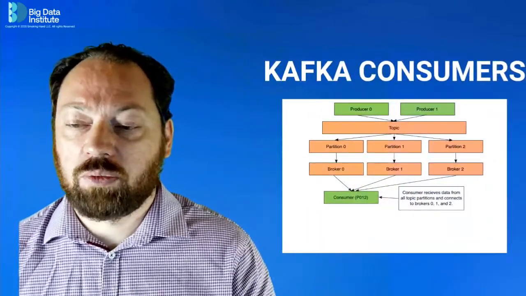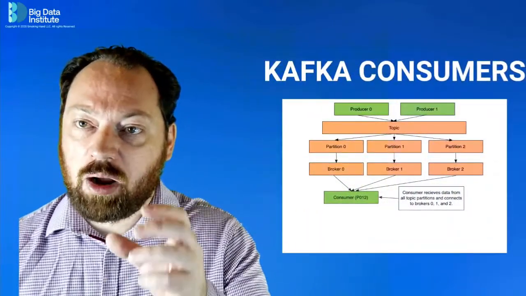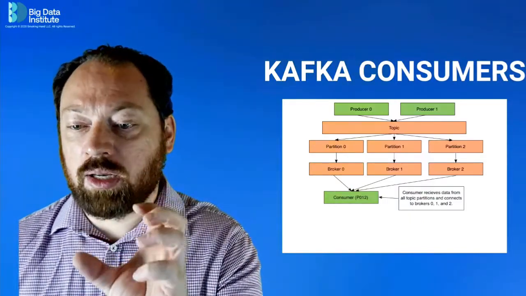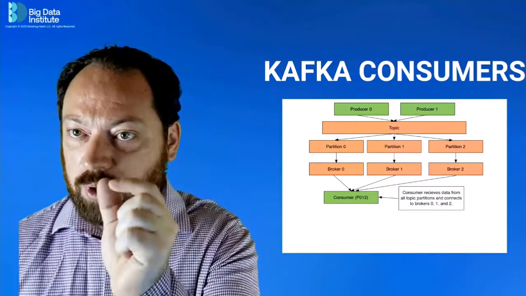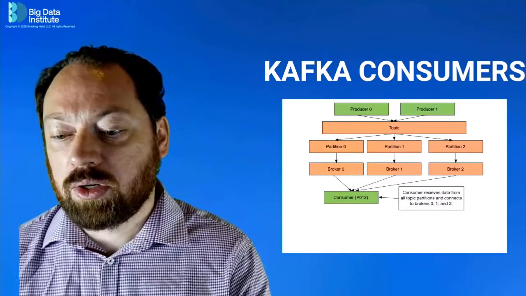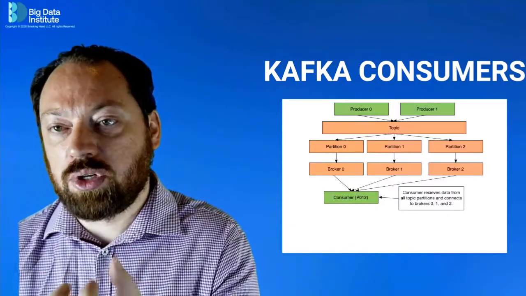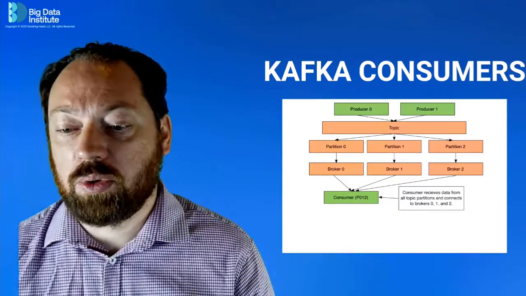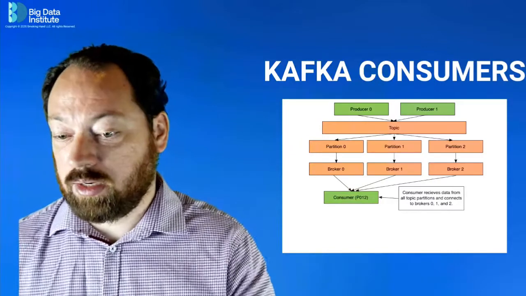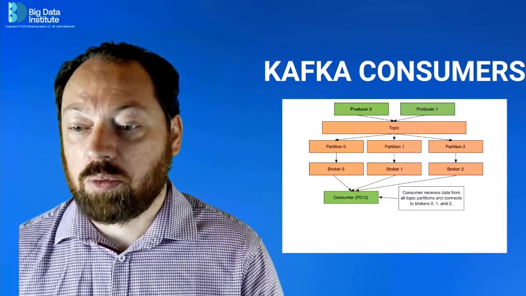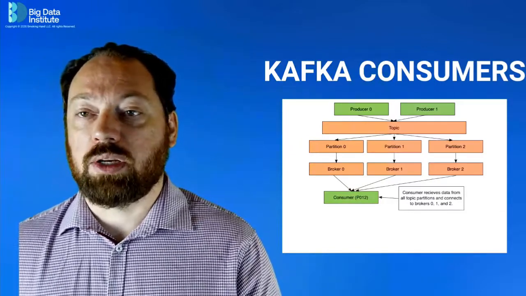So then when we look at our Kafka consumers, remember how I was talking about that hard coupling with partitions? Once our producers put that data into a partition, when we receive that at our consumer, the consumer is going to receive the data of those partitions. In the case of one consumer, it will receive the data for all three of those partitions.